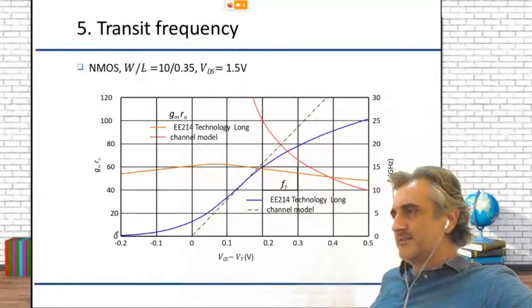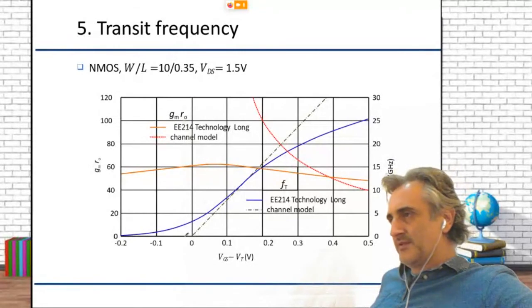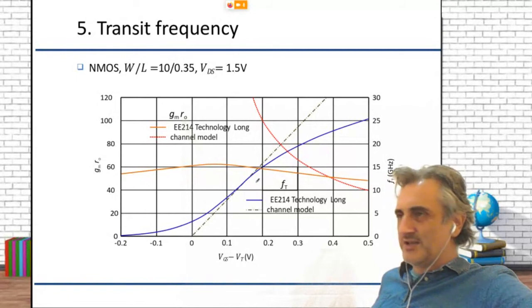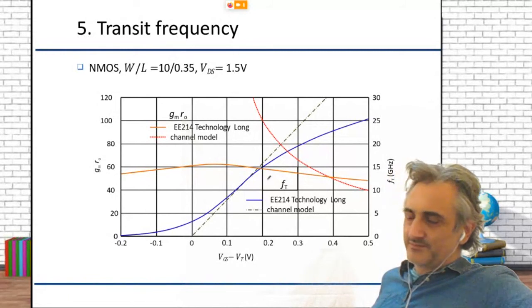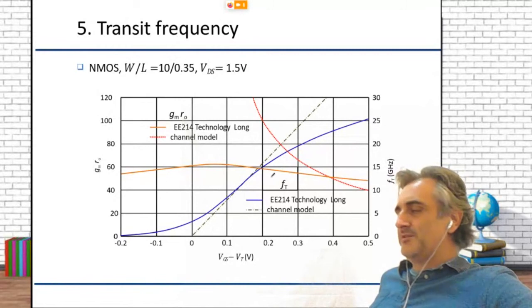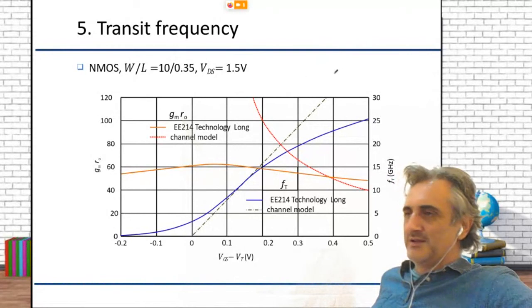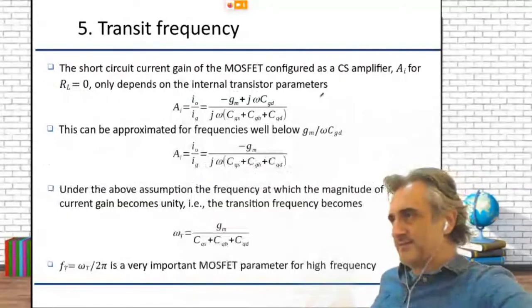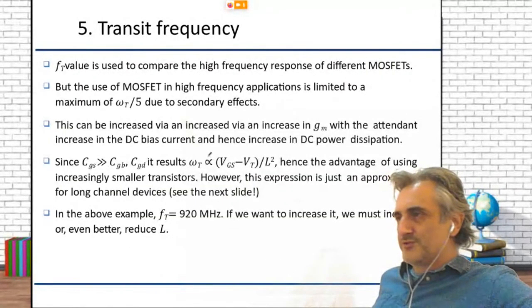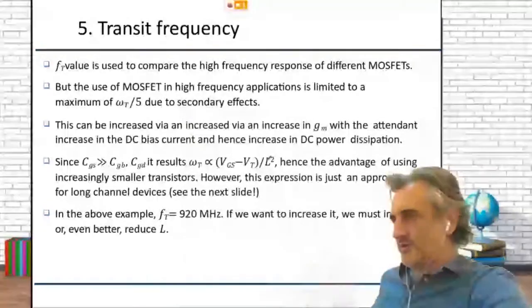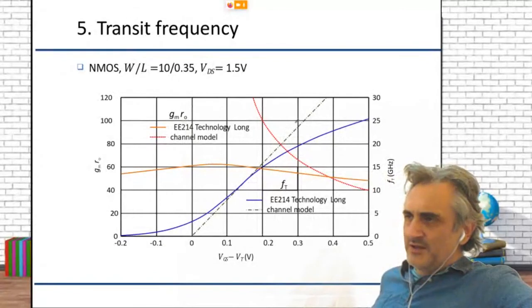And the other thing is the transit frequency. The model for the transit frequency is this black line, which is the long channel model. It's linear. It's the gain divided by the addition of the capacitances, and this is linearly dependent, just proportional to the overdrive voltage.